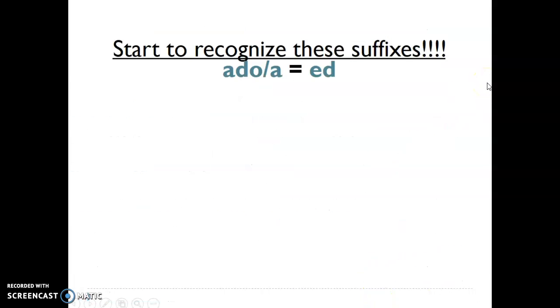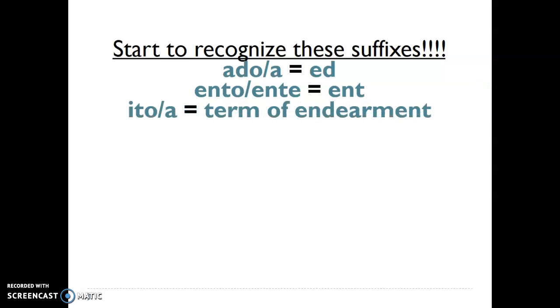All right, start to recognize these suffixes. ADO or ADA translates to ED in English. ENTO or ENTE in Spanish is just ENT in English. ITO or ITA is a term of endearment. Mente, M-E-N-T-E, translates to LY in English.